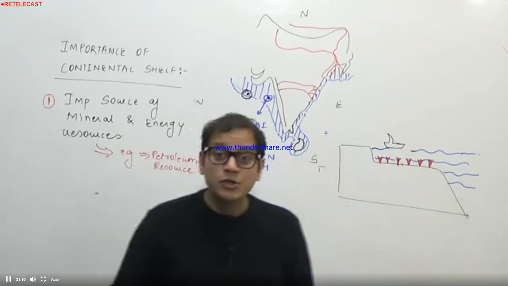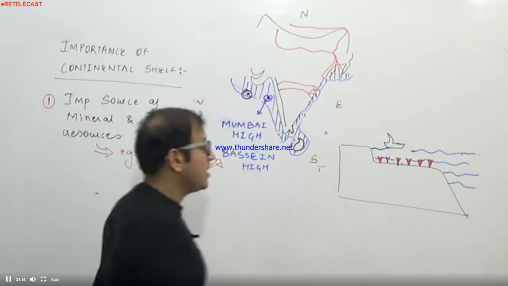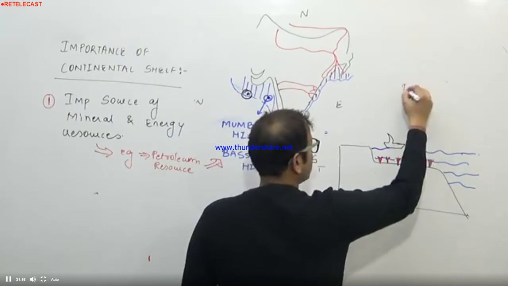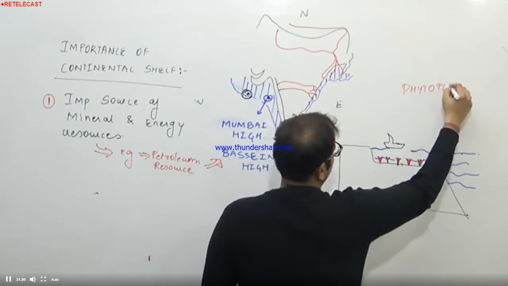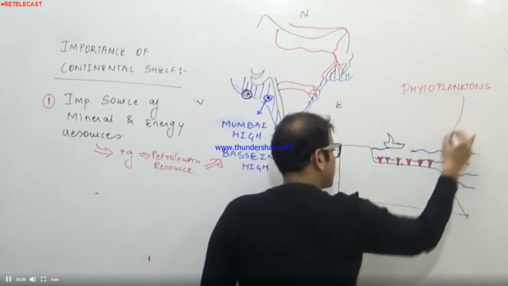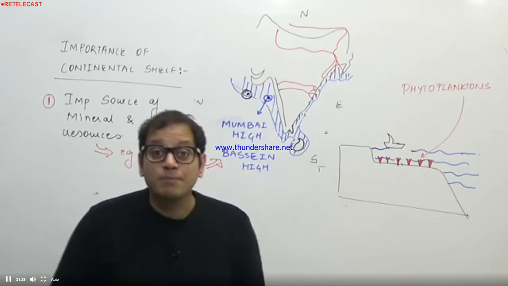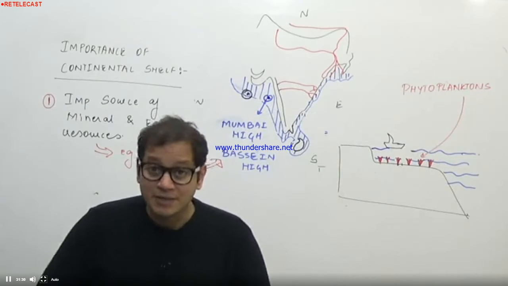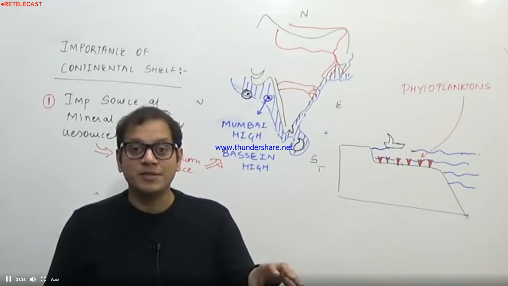These plants grow in the areas where the sunlight can penetrate. Therefore, these plants are known as phyto, that means sunlight planktons. Now, this phytoplanktons can grow only up to the depth of 200 meters because sunlight can penetrate only up to the depth of 200 meters.